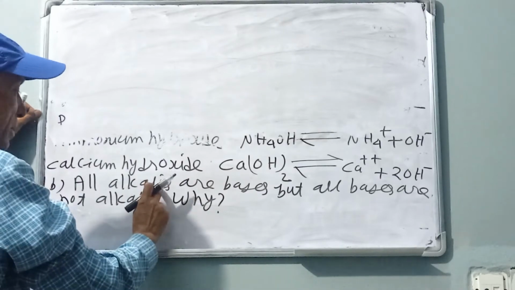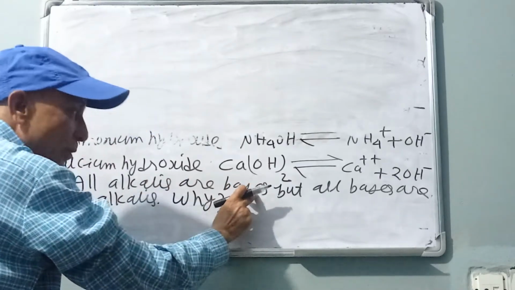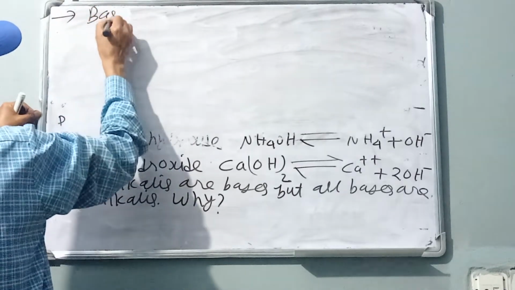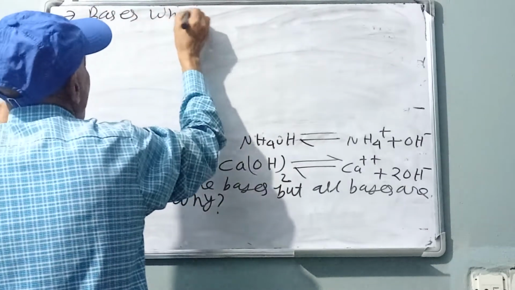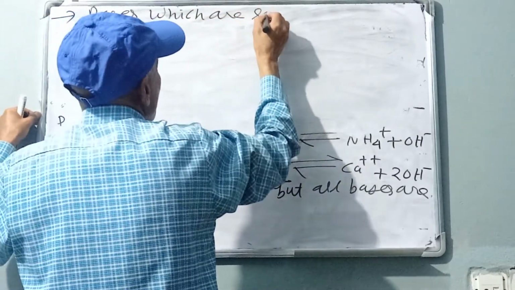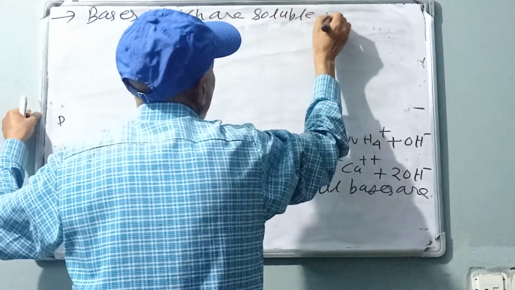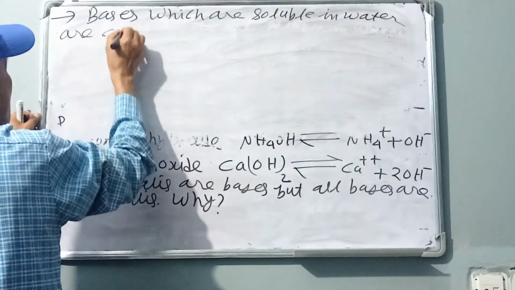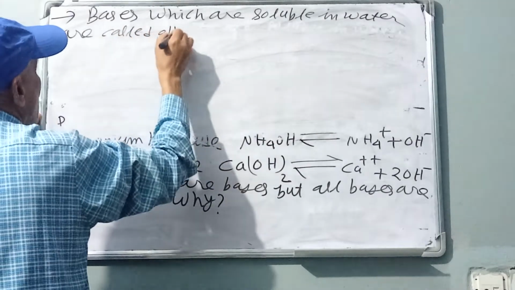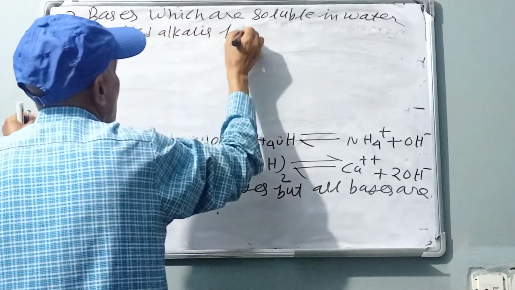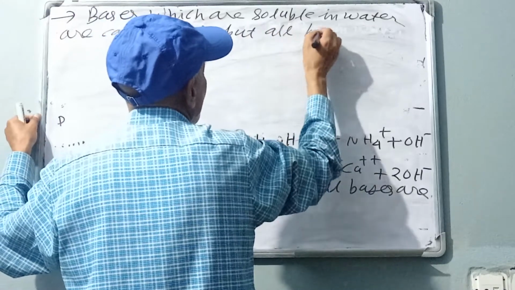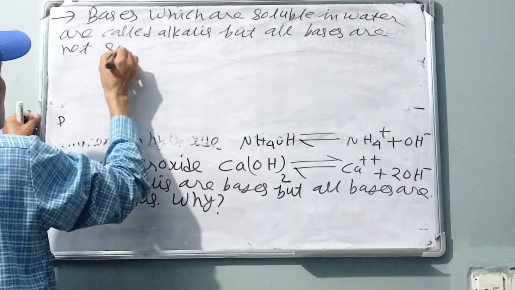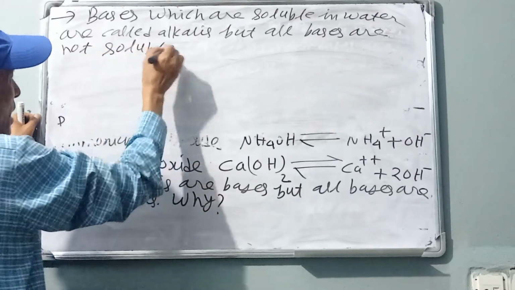In Nepali, all alkalis are bases, but not all bases are alkalis. See, bases which are soluble in water are called alkalis. But all bases are not soluble.